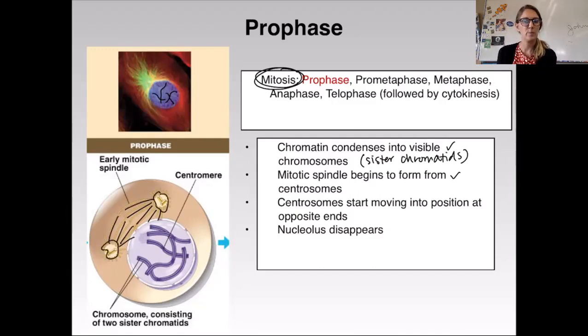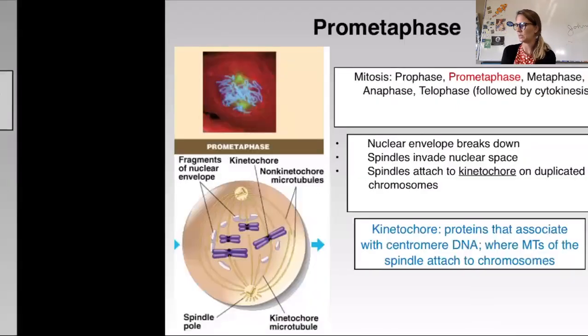They start to form, so the centrosomes start to grow out their microtubules. The centrosomes start moving to opposite ends of the cell. And we see the nucleolus disappears. Just a reminder, the nucleolus is where we are making our RNA in the nucleus, and it disappears.